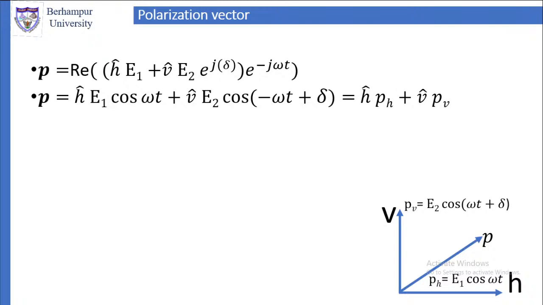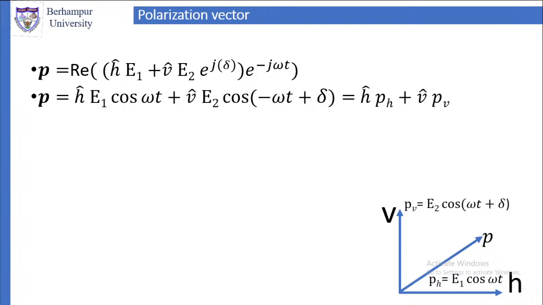Now from this, if I expand, we can write h cap E1 into real part of E1 into exponential minus j omega t. Real part of E1 into exponential minus j omega t is E1 into cos omega t. So the first part will be h cap E1 cos omega t plus v cap into real part of E2 into exponential j delta into exponential minus j omega t.